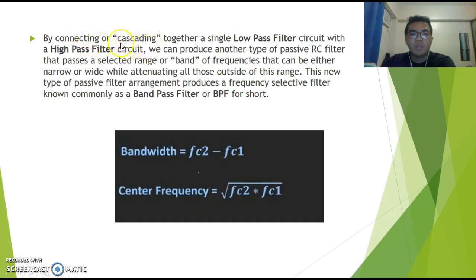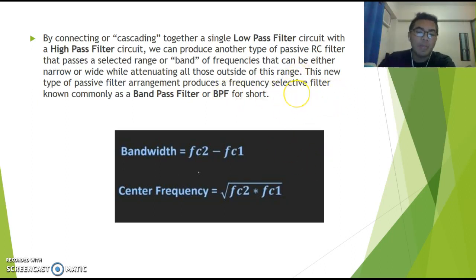By cascading them together, we can produce another type of passive RC filter that passes a selected range or band of frequencies that can be either narrow or wide, while attenuating all those outside of this range. This new type of passive filter arrangement produces a frequency selective filter, commonly known as a band-pass filter or BPF for short.